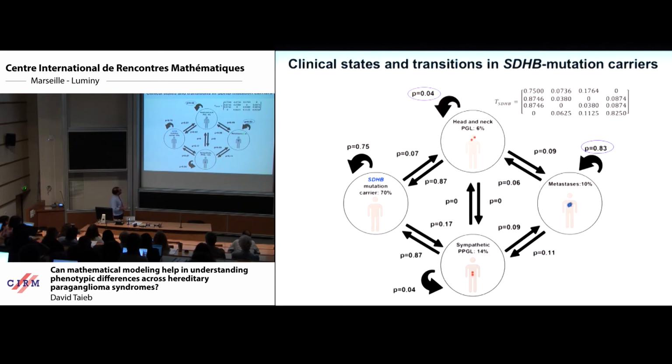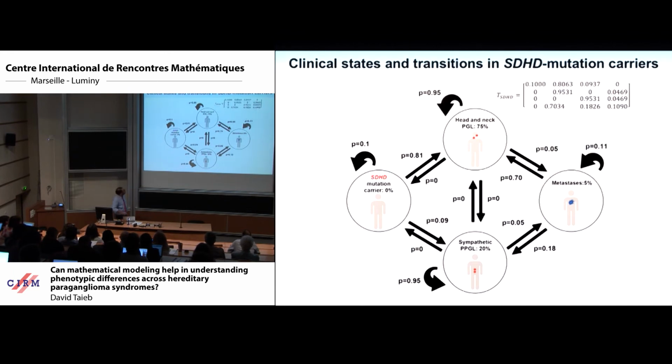And all the parameters completely fit with observational data. What occurs in SDHD mutation carriers is that all the patients will have tumors. The probability to stabilize in this situation is very high. But when the tumor gives rise to metastasis, it's a really rare event, and the probability to stabilize is very small.